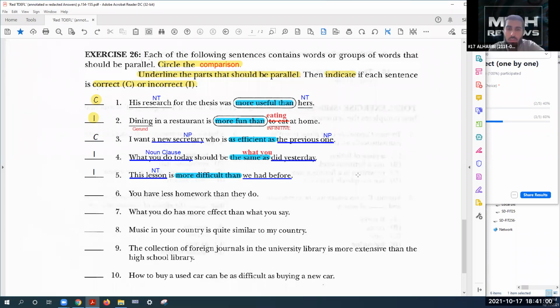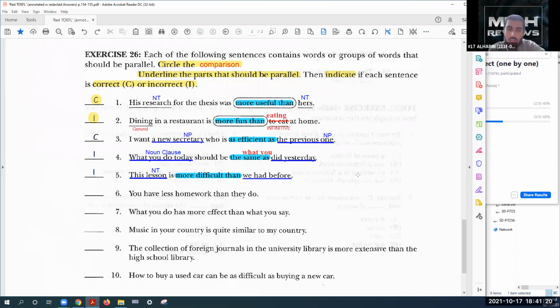The "that" we had before, that's very close. Then we want to compare this lesson to another lesson, right? So go ahead.